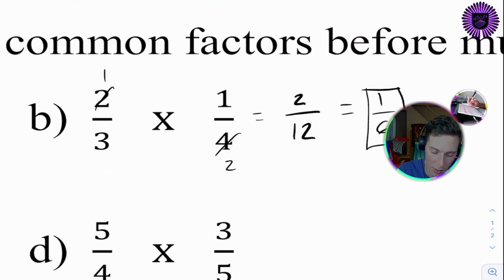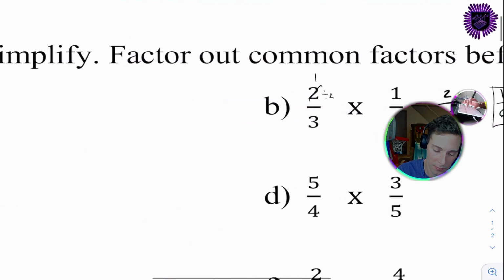So 1 times 1 becomes 1, and 3 times 2 becomes 6. And again, I got here by dividing both of these by 2. Makes sense? 1/6.